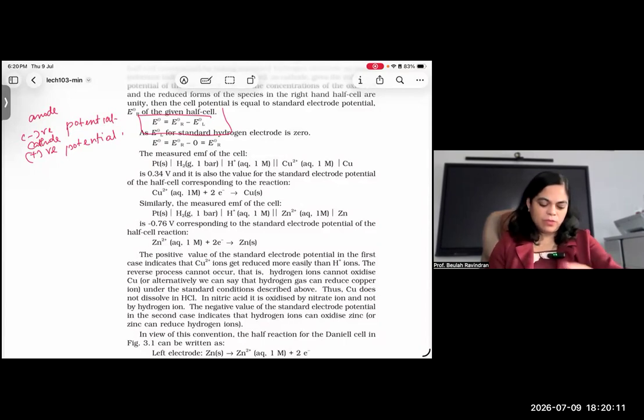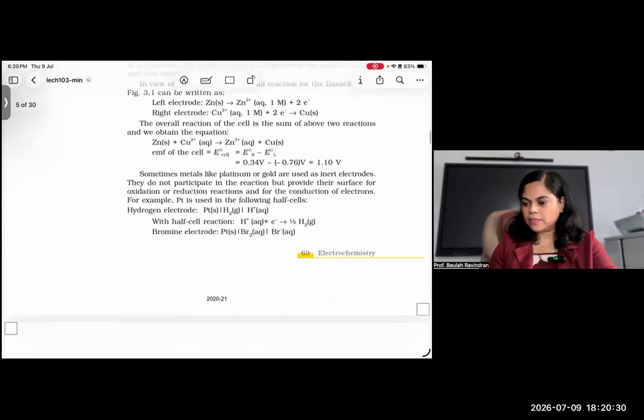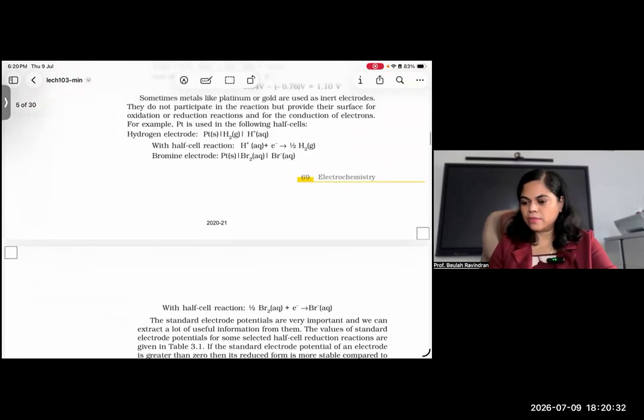Then you must know the standard hydrogen electrode potential. Standard hydrogen electrode. So what is the standard hydrogen electrode? Let me write the equation for you. This is the standard hydrogen electrode.